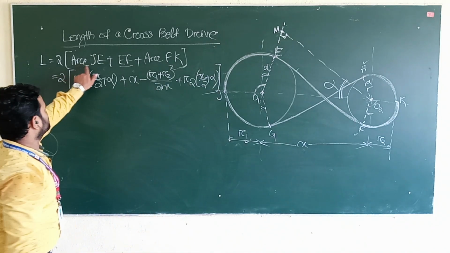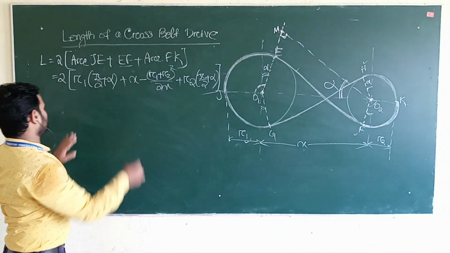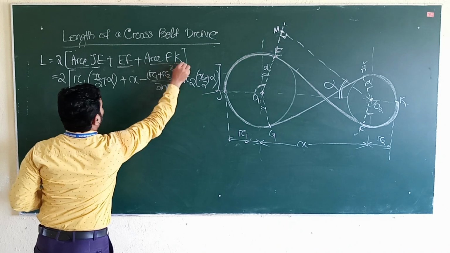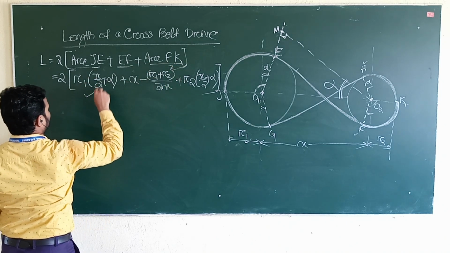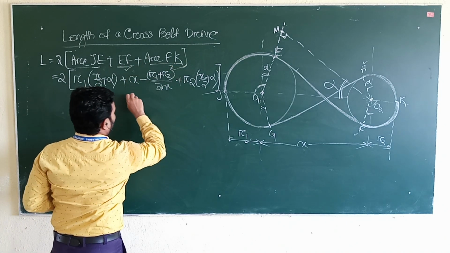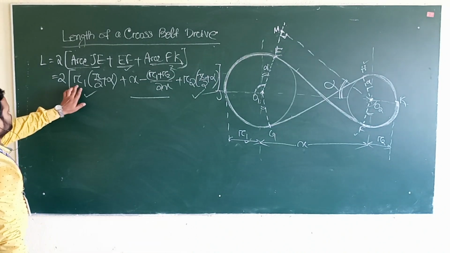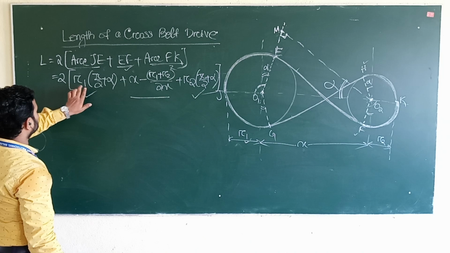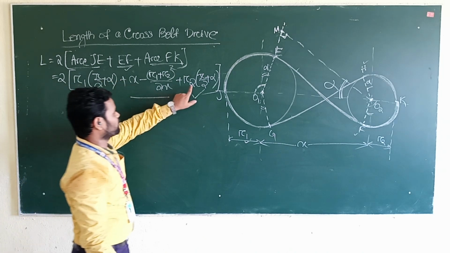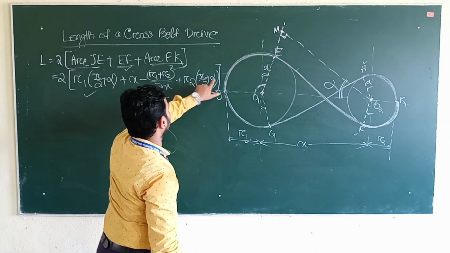So here the values of the 3 terms will be put. In place of RJE we will put this, in case of EF we will put this, in case of RFK we will put this. Now make multiplication: r1 with pi by 2 and r1 with alpha, similarly r2 into pi by 2, r2 into alpha.